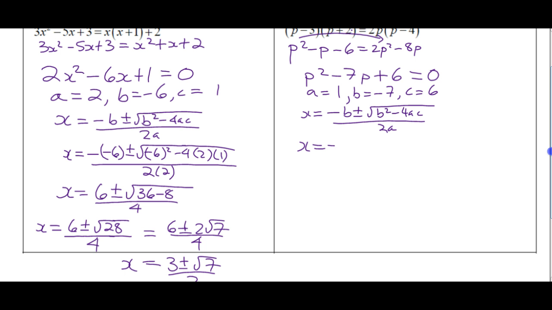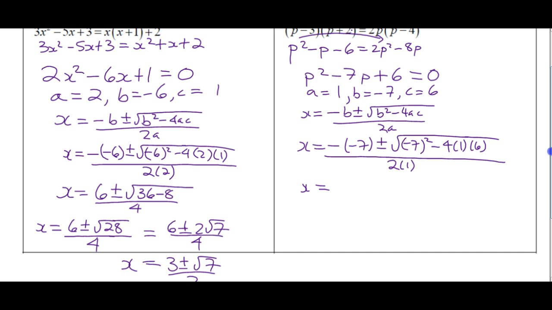Okay, so we got negative 7, negative 7 in brackets squared, right? Remember, there's always going to be a positive. Minus 4 times 1 times 6, all over 2 times 1. Negative negative 7 is 7.